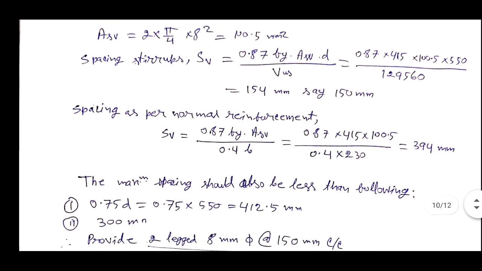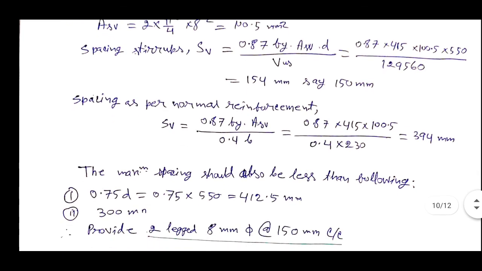So the maximum spacing definitely should be the least of these all: 0.75 d equals 0.75 into 550, that is 412.5 mm, 300 mm, and from previous, the minimum value is 150 mm. So we have to provide 2-legged 8 mm dia stirrup at the rate of 150 mm center to center.